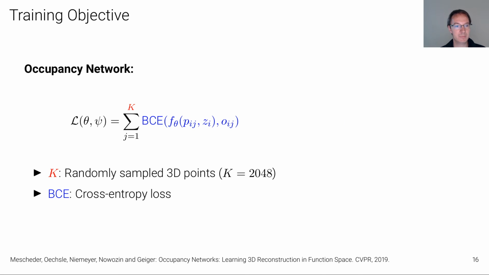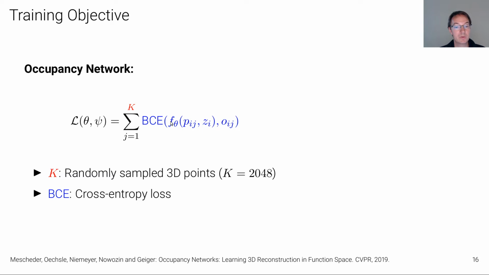This network can be trained using a very simple classification objective. We call it the occupancy network. The objective that we use is a simple classification loss, the binary cross entropy between the ground truth labels. So we assume this is supervised learning. So we assume that we have the ground truth occupied label for each of the 3D points that we train with.